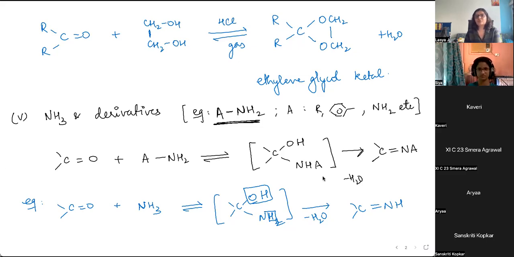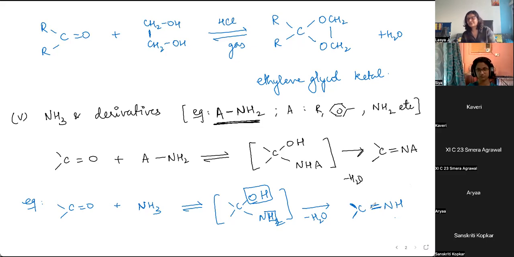Do you guys remember what this type of compound is called when you have a double bond and then nitrogen NH? Secondary amine? No, secondary amine is when you have two carbons attached to the same nitrogen. Cyanide? No, that is triple. We came across it in this chapter. It was an intermediate.